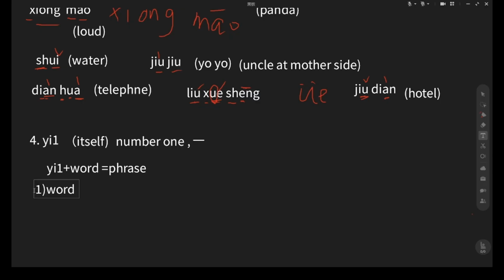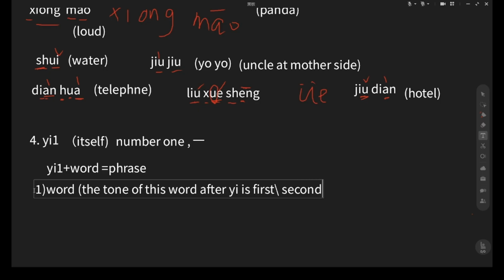When the tone of the word after E is first, second, or third tone, then this E we change to the fourth tone.